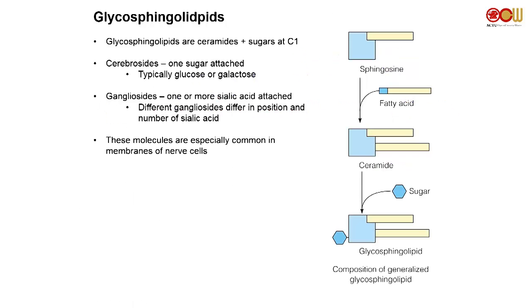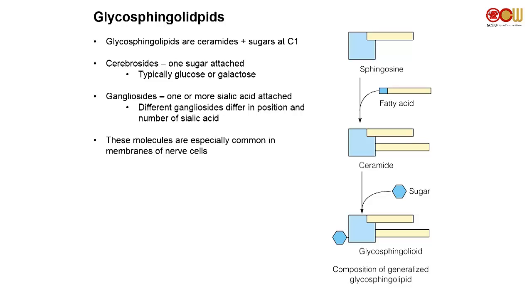So we start with sphinganine or sphingosine. First, glycosphingolipids: how do we make them? They come from ceramide plus a sugar at C1, what we just saw. Cerebrosides typically have just one sugar, glucose or galactose.